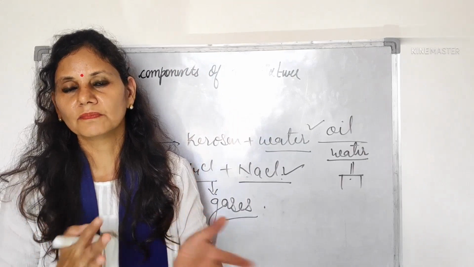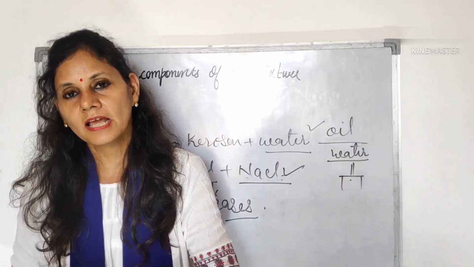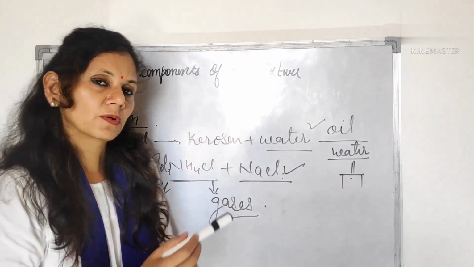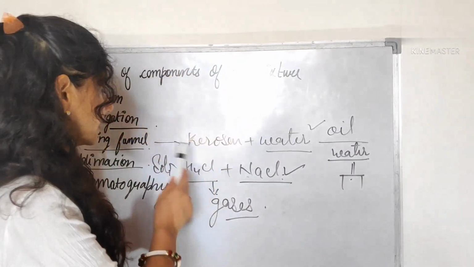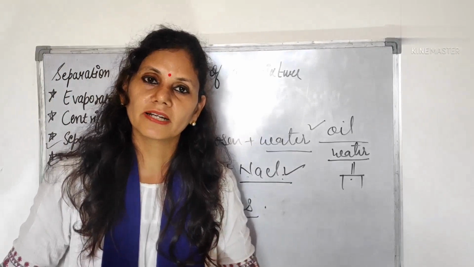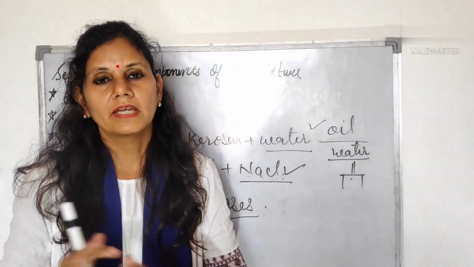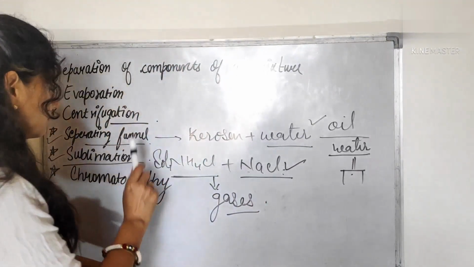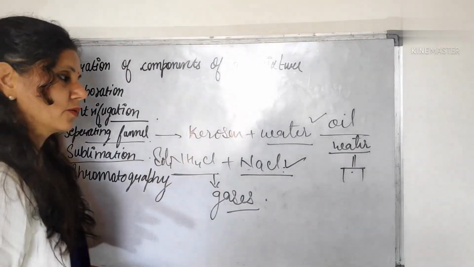When they heat up, we remove the porcelain dish. After cooling, the gases of ammonium chloride or camphor are converted back into solids, so we can separate them by scratching. So this is sublimation.